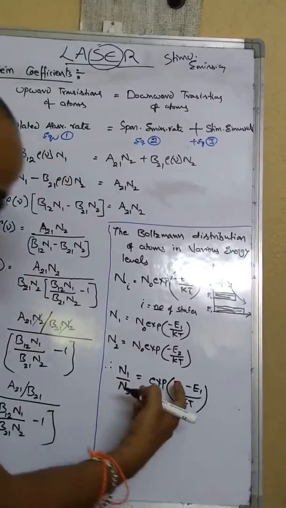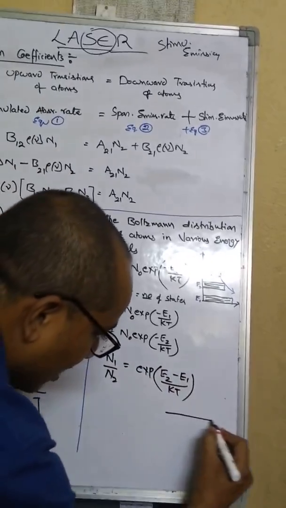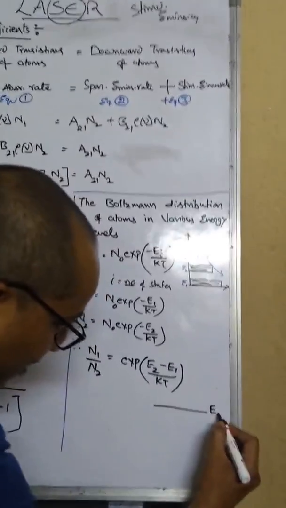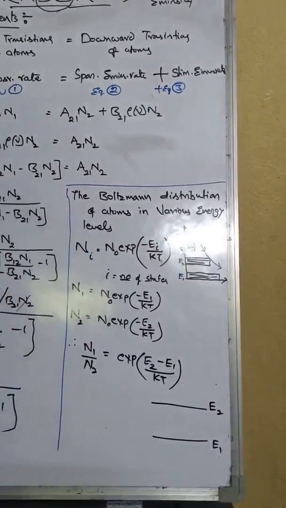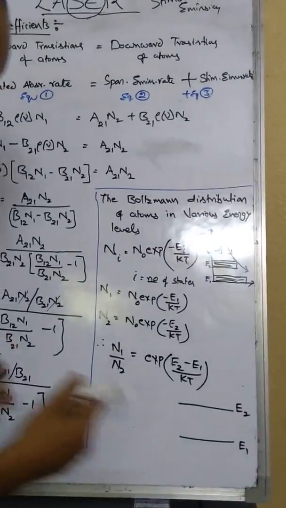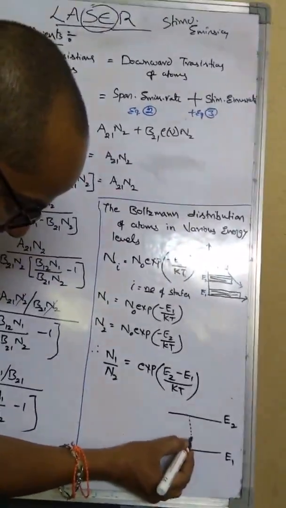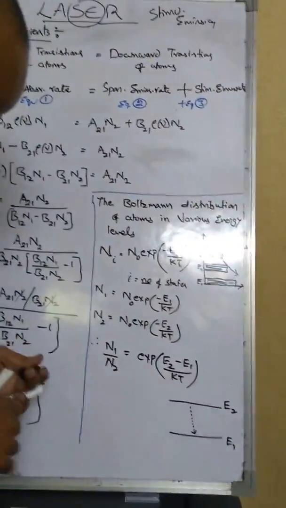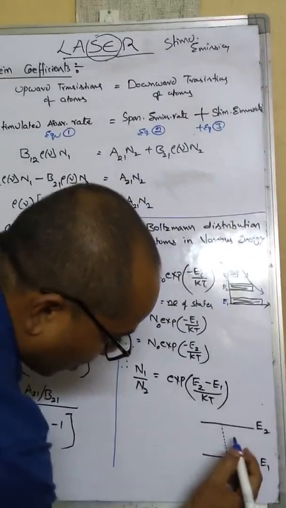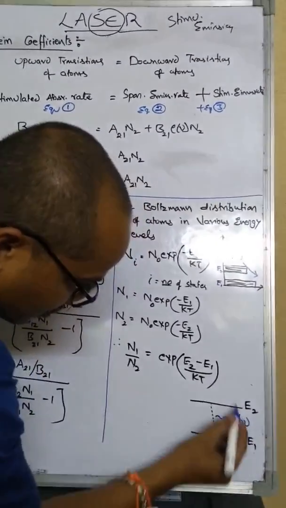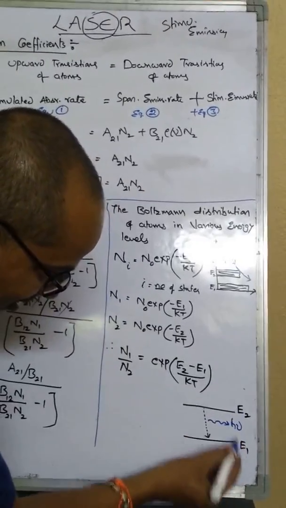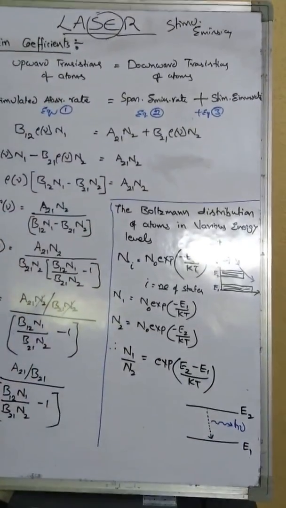Then what is this E2 minus E1? Let me draw a diagram. E2 is the highest energy level, and E1 is the lowest energy level. The difference from the higher energy level to the lower energy level will be emitted as a photon. So this difference, E2 minus E1, is emitted as a photon.